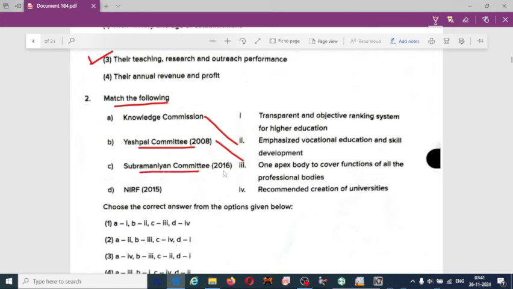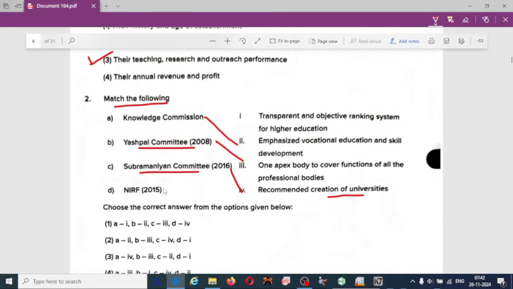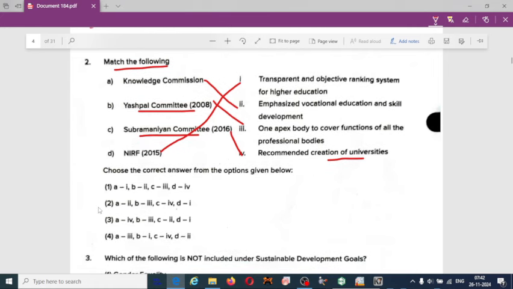Subramanian committee is related to the fourth option, recommended creation of universities. NIRF, as in the first question we have discussed, is related to the first option, transparent and objective ranking system for higher education. So if you observe these matchings, option 2 is correct: A2, B3, C4 and D1.